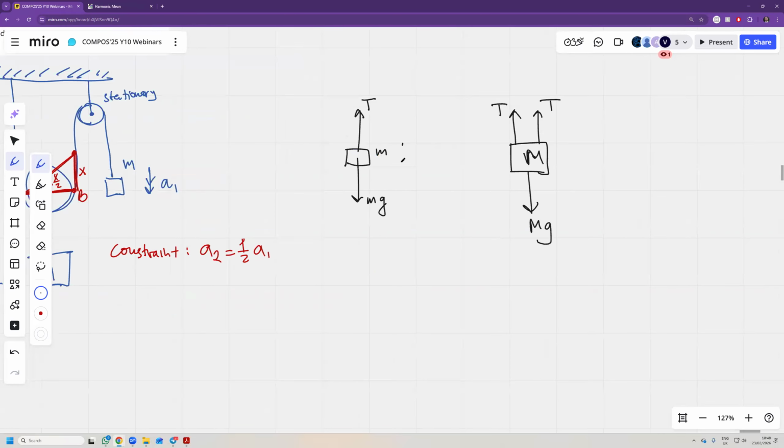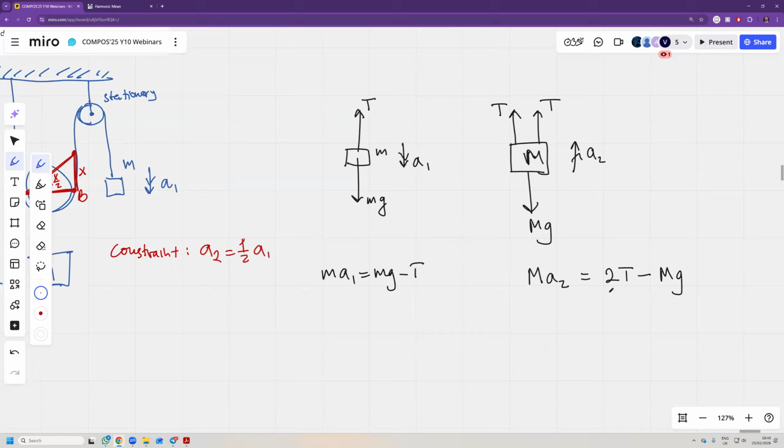And this one is accelerating downwards with acceleration a1, and this is accelerating upwards with acceleration a2. So m a1 is equal to mg minus T. That's the first equation. And for this one, it's accelerating up. So big M a2, mass times acceleration, is the forces that are helping you up, so 2T minus Mg.